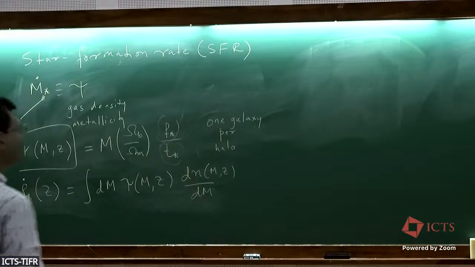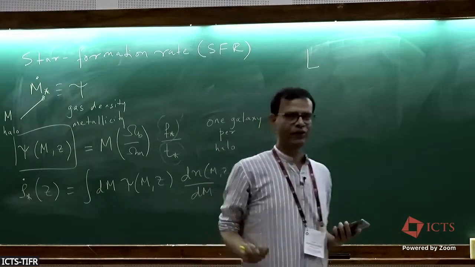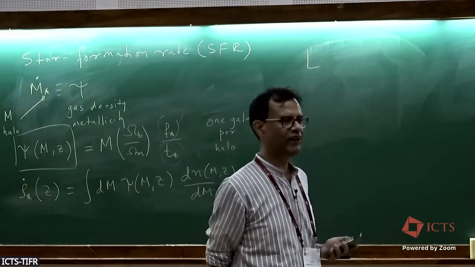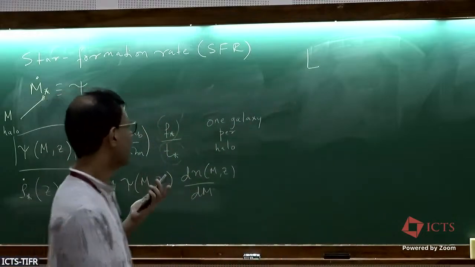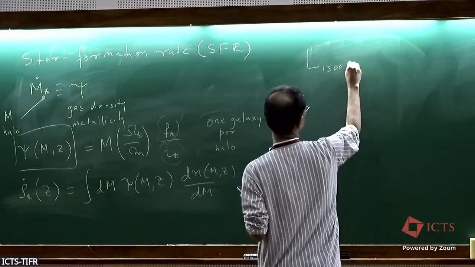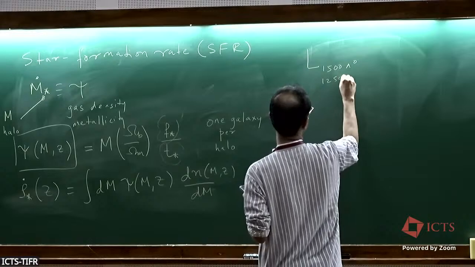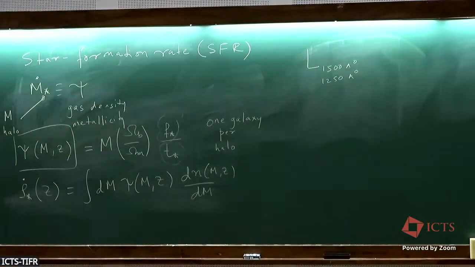What you get is the luminosity in some wavelength, typically some UV wavelength in the rest frame of the galaxy we are interested in. Some people use 1500 angstrom, 1250. These are some typical numbers. It depends on the experiment one is interested in, but the exact value is not important. This luminosity is what one is looking for.